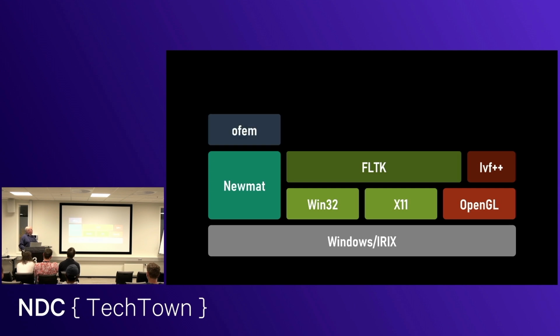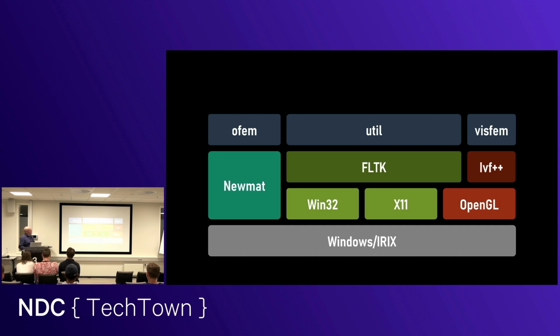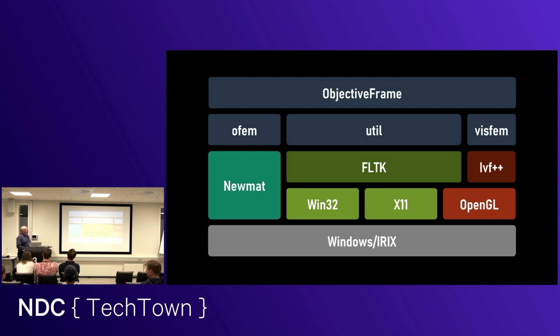Then I had the OFEM library, an internal module in the application, which is the computational description of the model. The visual computational model, VisFem. And then the util library, which is not that big, but it became big. And then ObjectiveFrame on top of that.